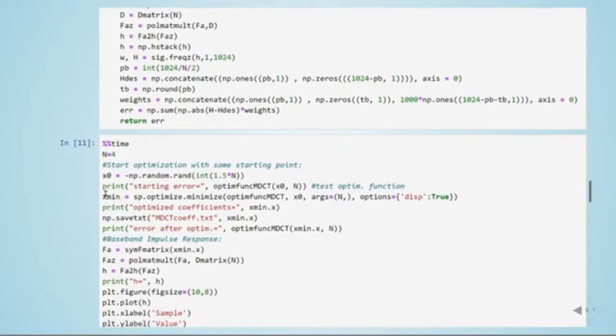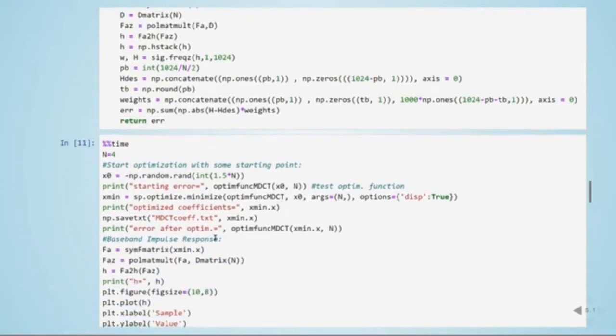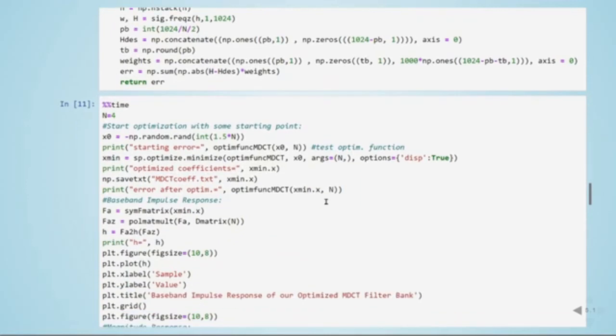Then we want to find the x minimum, so we call optimize minimize, and it will minimize this error. We pass this function here with this starting optimization vector, and the argument is the number of subbands. Then we will print the optimized coefficients.